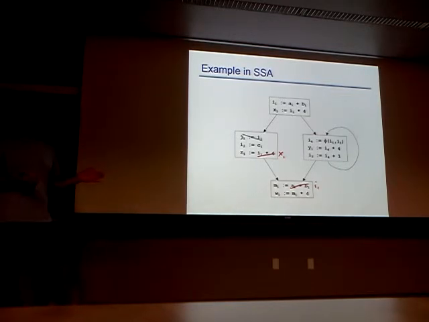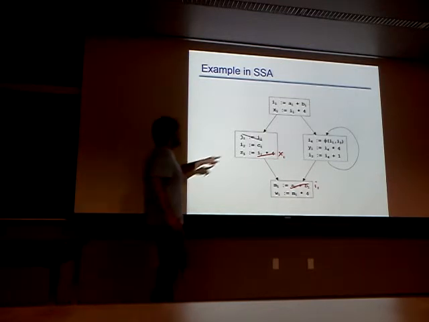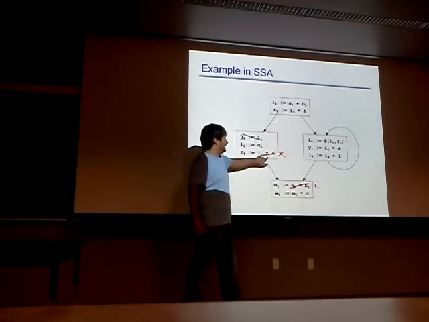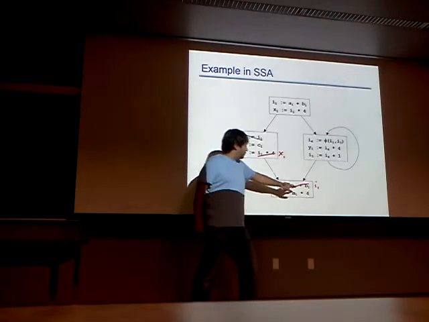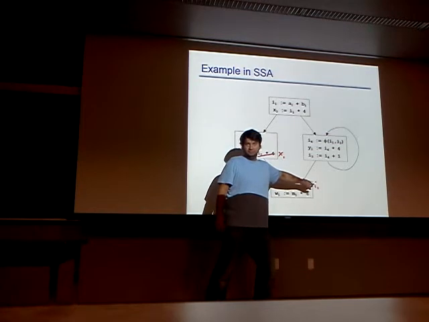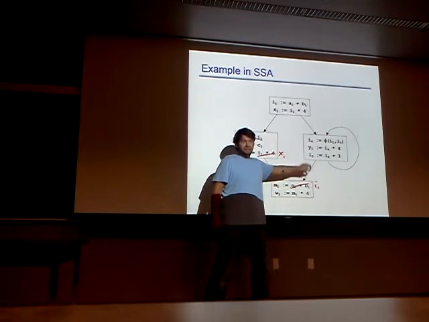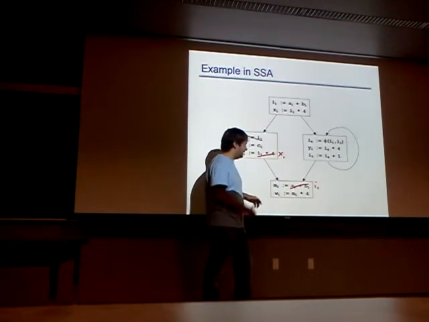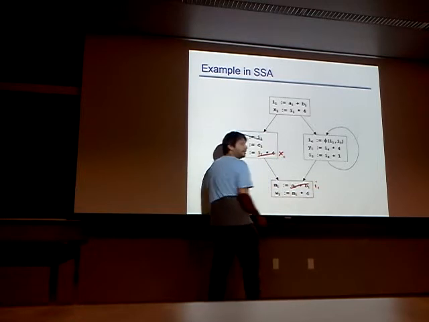This copy propagation here enables CSE, and CSE made this be I1. So CSE enabled this copy propagation, right?